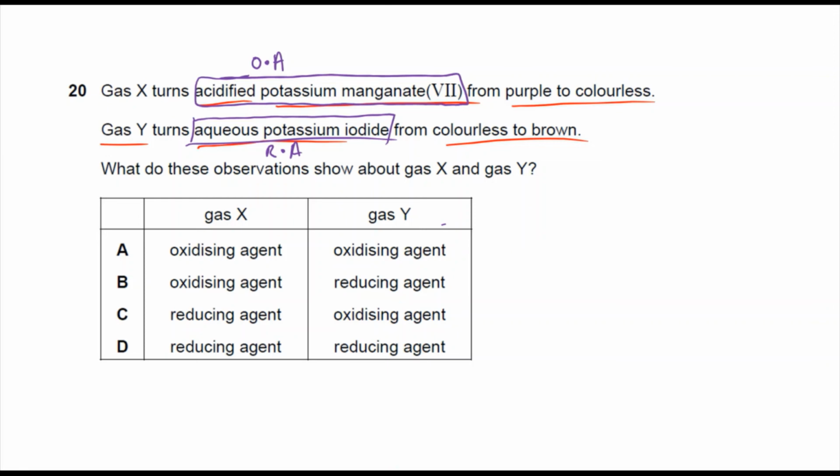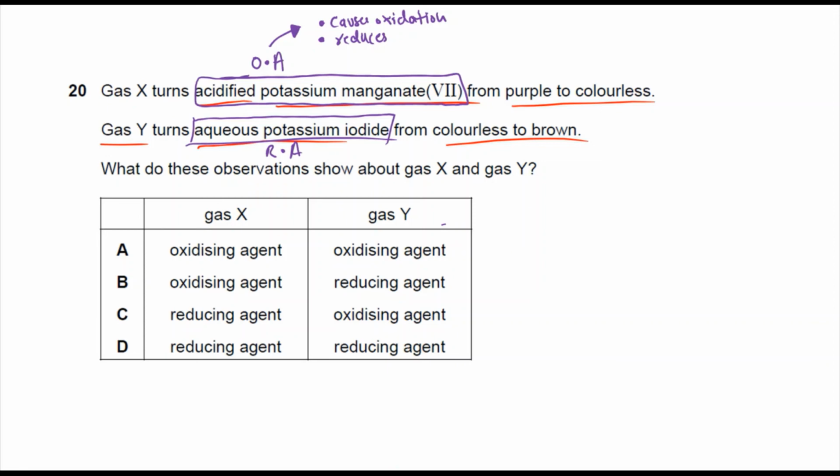What is an oxidizing agent? Oxidizing agent is something that causes oxidation. What happens to the oxidizing agent itself? It gets reduced. So the oxidizing agent causes oxidation, but it is reduced itself.